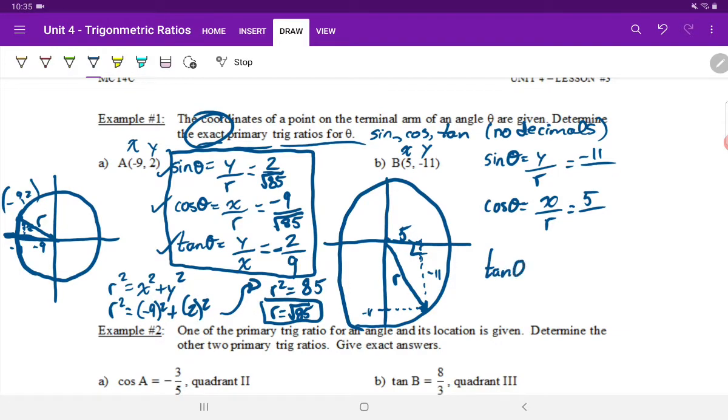And then I actually know all of tan theta as being y over x, which is negative 11 over 5. So I actually know that full ratio. But let's find r now, our hypotenuse.